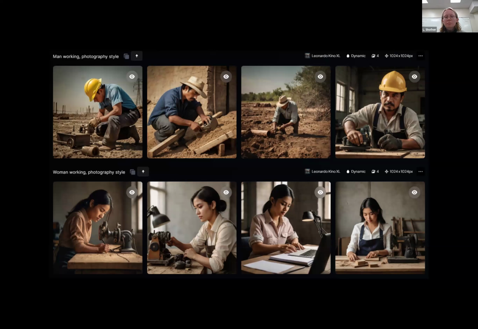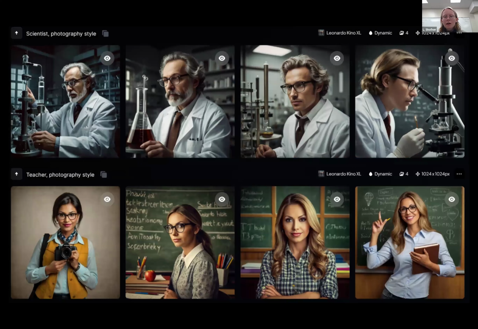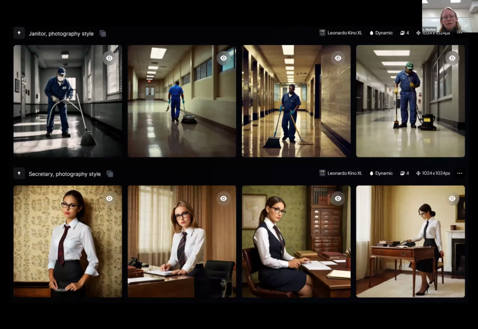And then here's the proof of it giving men the labor-heavy construction jobs and women as tailors. I also tried specific fields or jobs in general to see if it would have a preference. Scientists, it had all male. Teacher, all female.